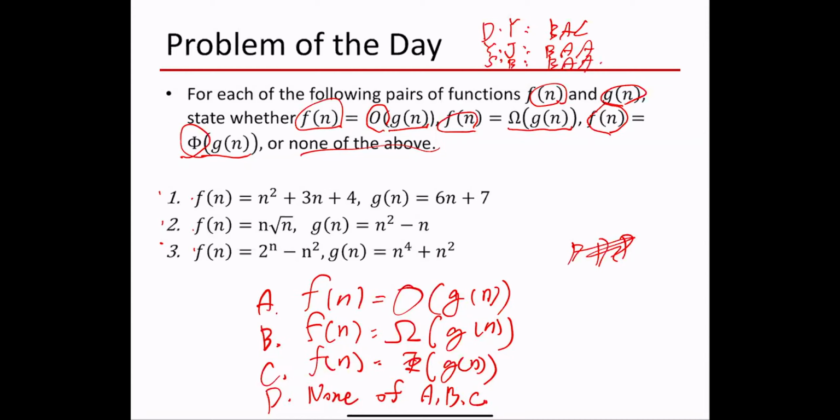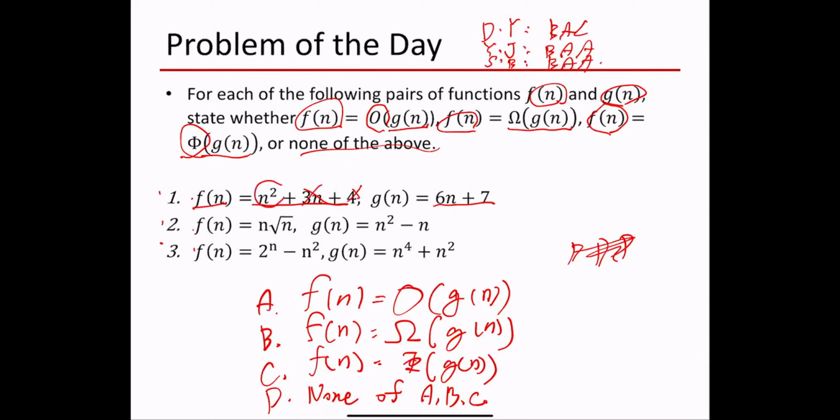All right, let's solve the problem. Okay, BAC. So f of n is n squared and g of n is 6n plus 7. What does this mean? Whenever we talk about asymptotics, I don't want to know the detail, but roughly speaking, I don't need to worry about the rest of it.